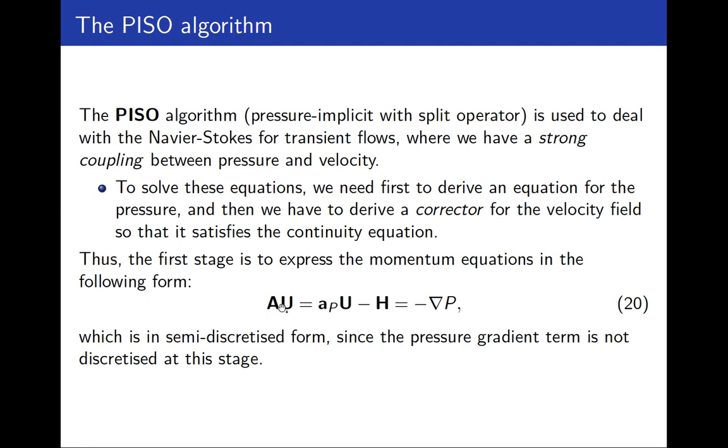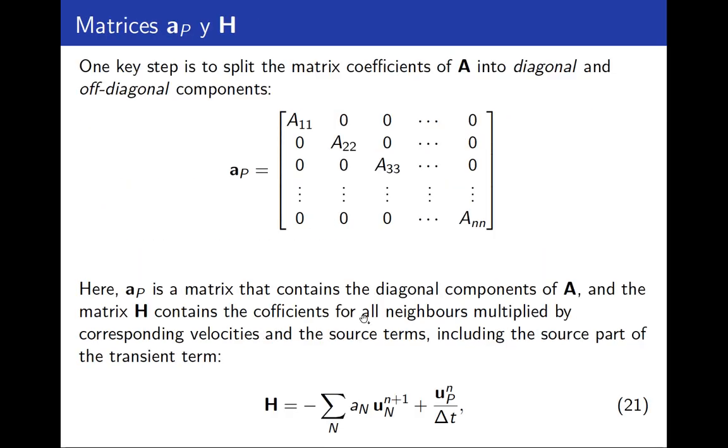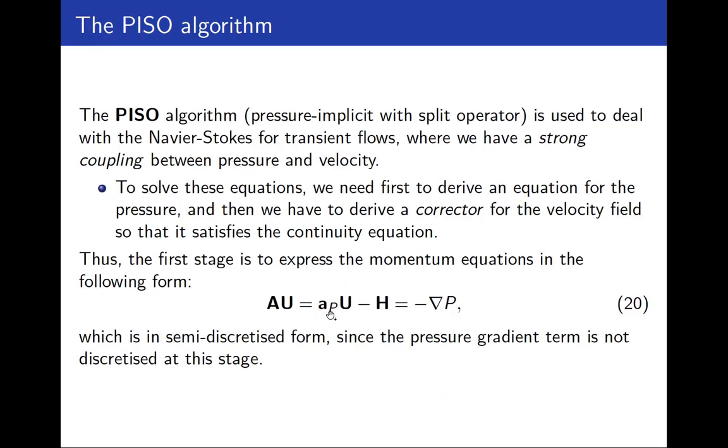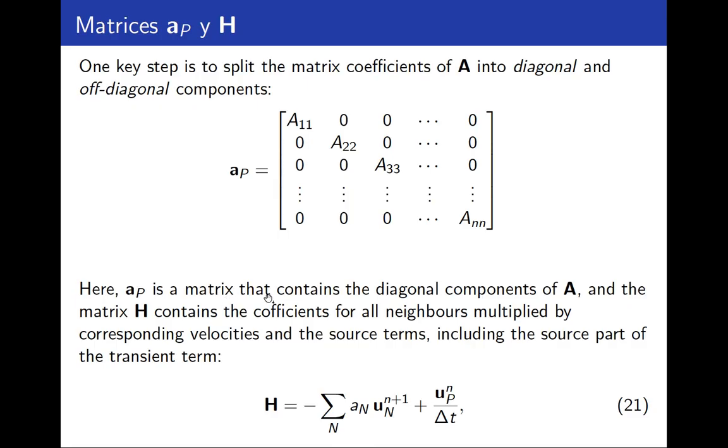So this matrix product can be expressed as these two terms. So the key step is to split the matrix coefficients of A into its diagonal and off-diagonal components. Here, AP, which is the matrix that appears here, is a matrix that contains the diagonal components of matrix A. So AP is a diagonal matrix.